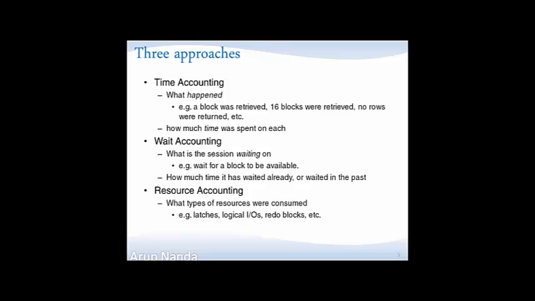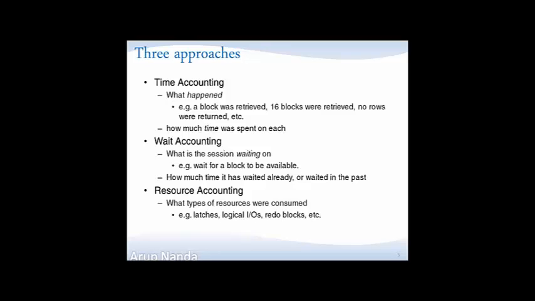But what's also important is how much time was spent on each one of them. So for example, to retrieve a block, first it used to take 5 milliseconds, but this time it took 25 milliseconds. Well, there is a problem right there. So we'll find out exactly why the problem happened in the first place, but that's how you do what's called time accounting.